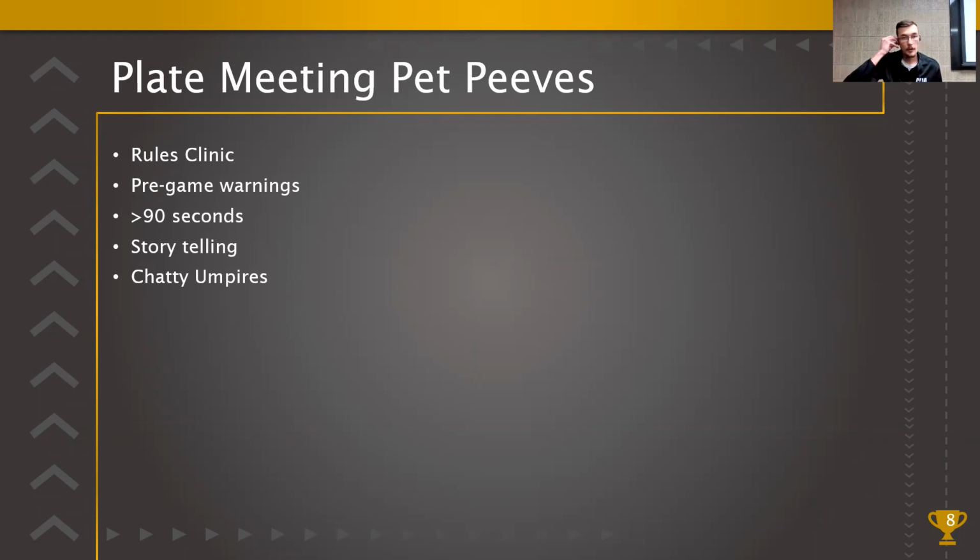But if I start talking over my partner, I'm in essence throwing them under the bus, because my actions are saying my partner is not capable of handling a plate meeting, so I'm going to do it. The plate umpire usually handles a plate meeting, and I want to project that. We want to project crew continuity, and by letting the plate umpire do the plate meeting and base umpires chiming in only if necessary, we can project that.